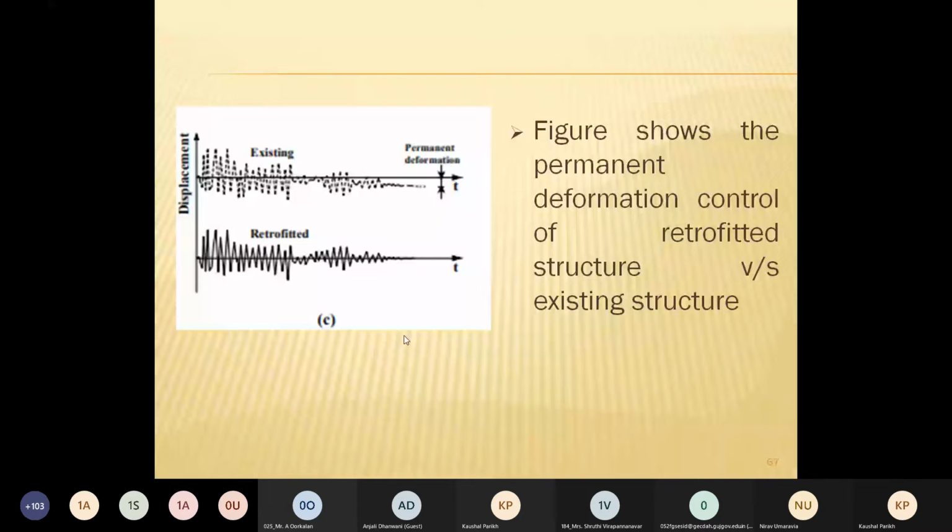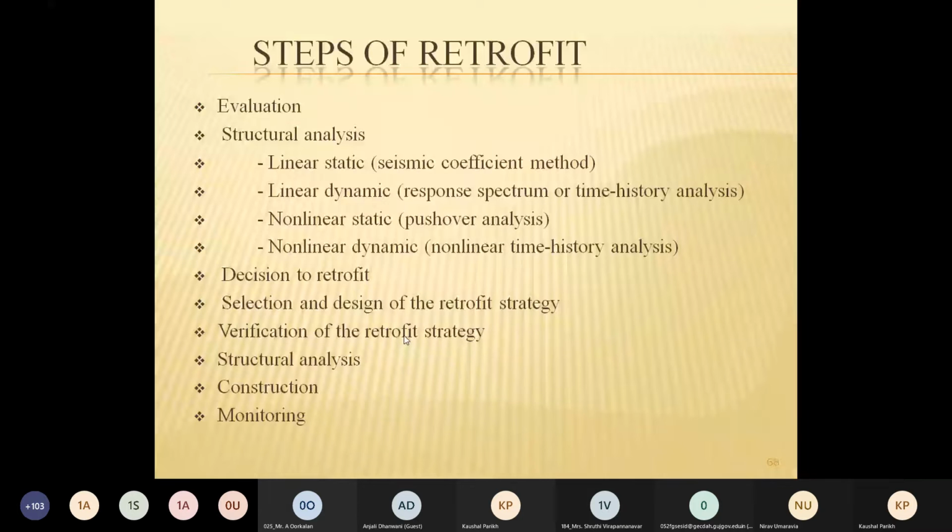Now, there are certain steps needed for retrofitting. The first one is evaluation. Evaluation is a major and important step for any structure, and the first step in it is structural analysis.